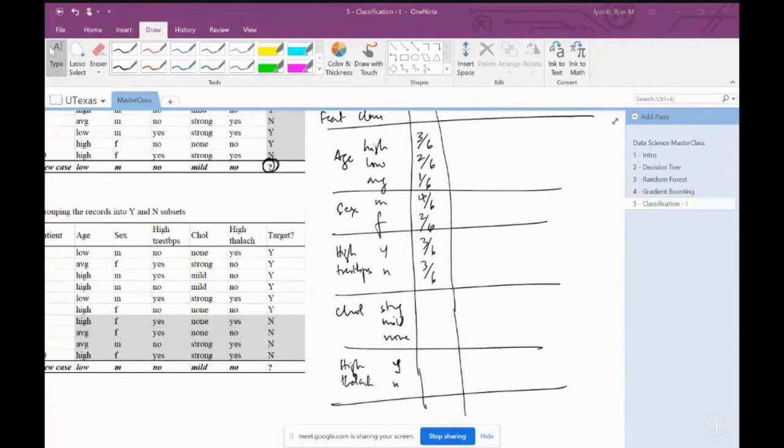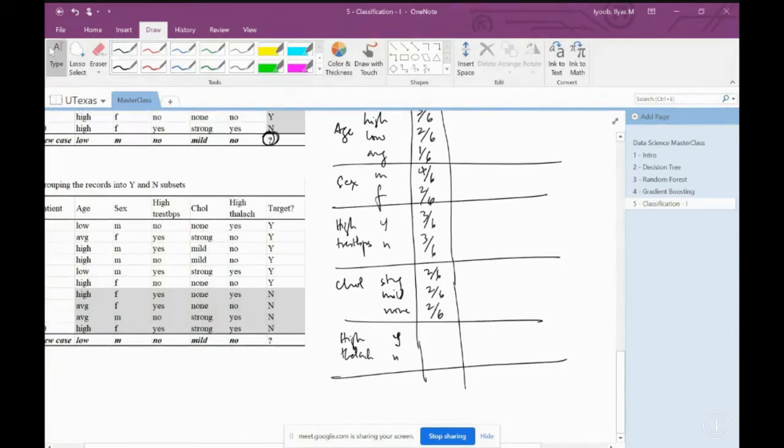All right, then when it comes to cholesterol, you've got 2 people with none or strong, 2 with mild, and 2 with none. And then heart rate, we've got 2 yeses and 4 nos.